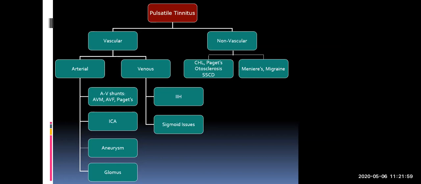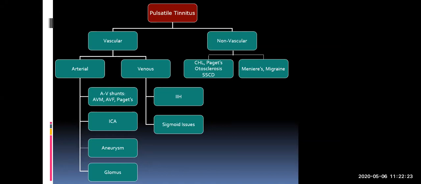Obviously, anything that creates conductive hearing loss, such as fluid in the ear, wax, anything like that can cause pulsatile tinnitus or pulse synchronous tinnitus. The other common things you hear are, of course, superior canal dehiscence, otosclerosis, many Meniere's patients, and interestingly, a large group of migraine patients also have pulsatile tinnitus.